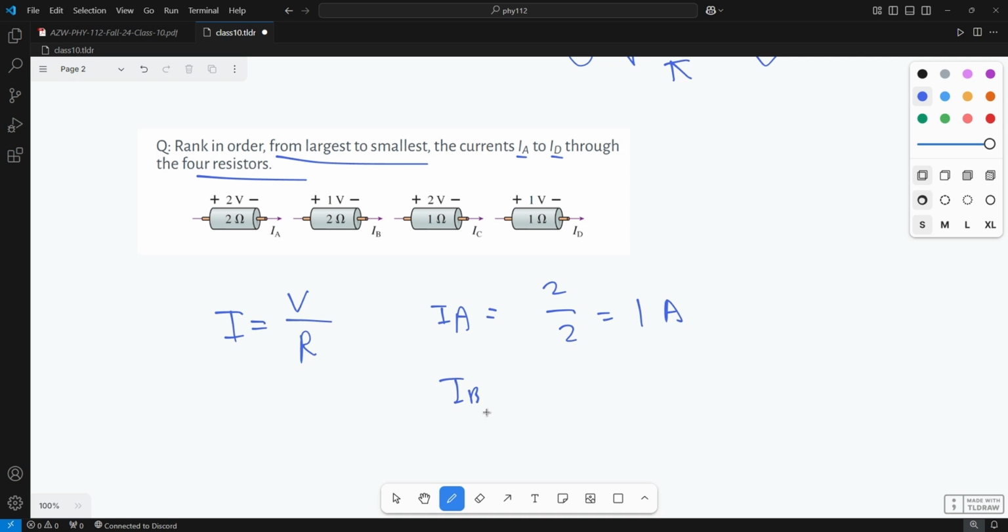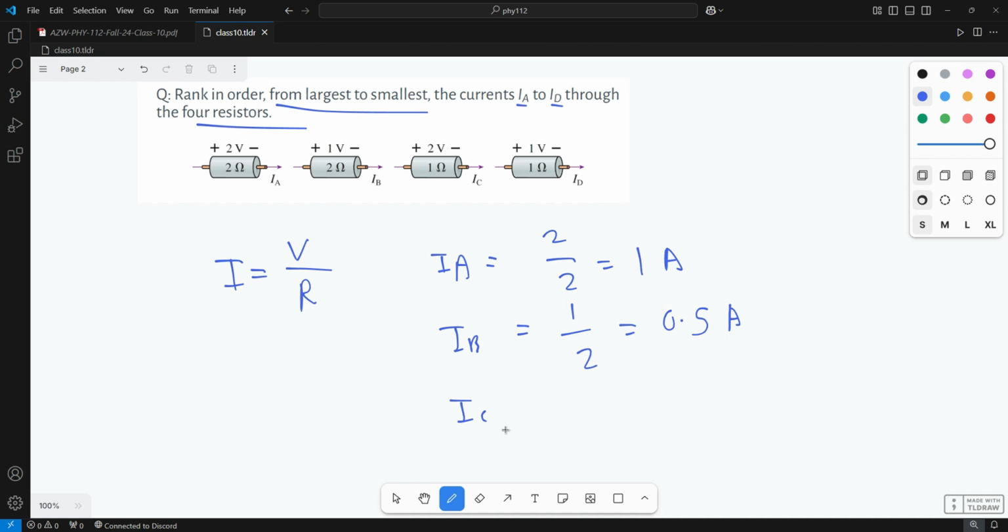IB will be 1 by 2 equals 0.5 ampere. Current C will be 2 by 1 equals 2 ampere, and current D will be similarly 1 ampere.